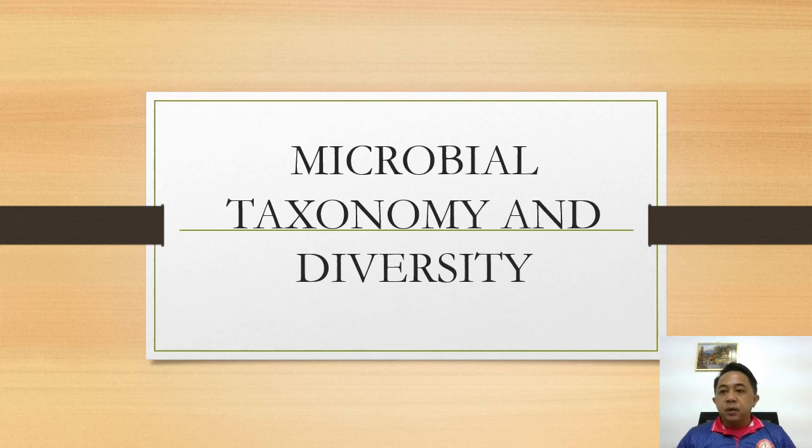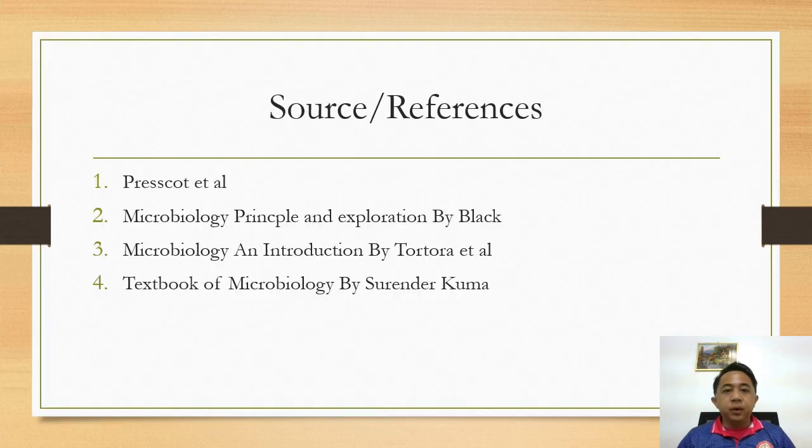Okay. Now, to begin with, we will be using different sources or references. Any book authored by Prescott et al. And then we also have Microbiology Principles and Exploration by Black. The third reference book is Microbiology, An Introduction by Tortora et al.